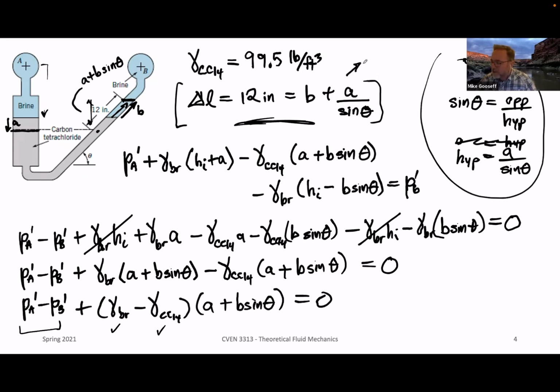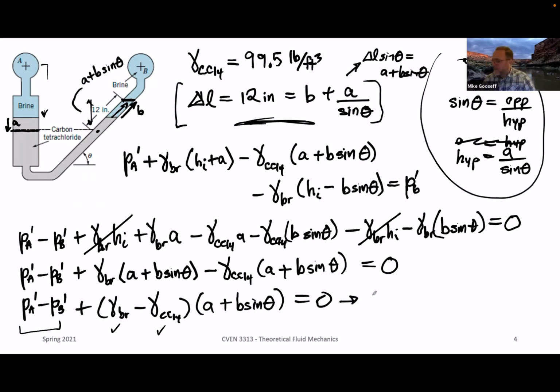When we do that, we end up with delta L, pardon me, times the sine of theta is equal to A plus B sine theta. Okay, so now we can plug this in with only one unknown.